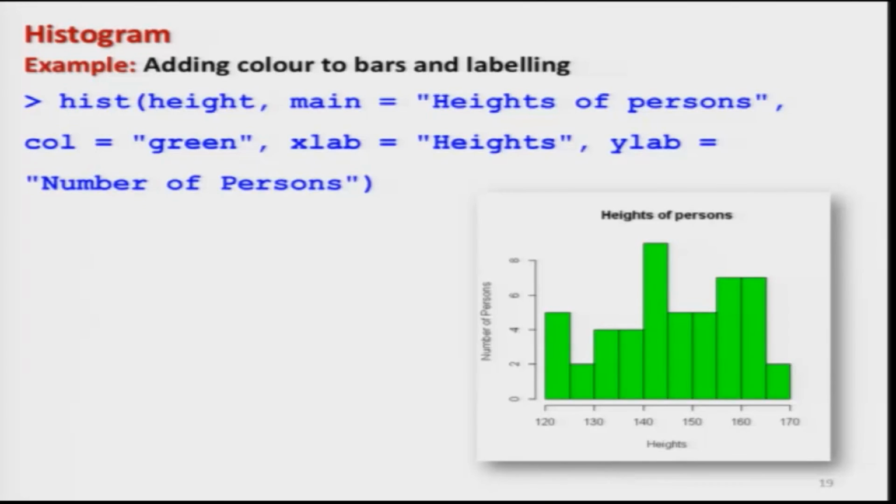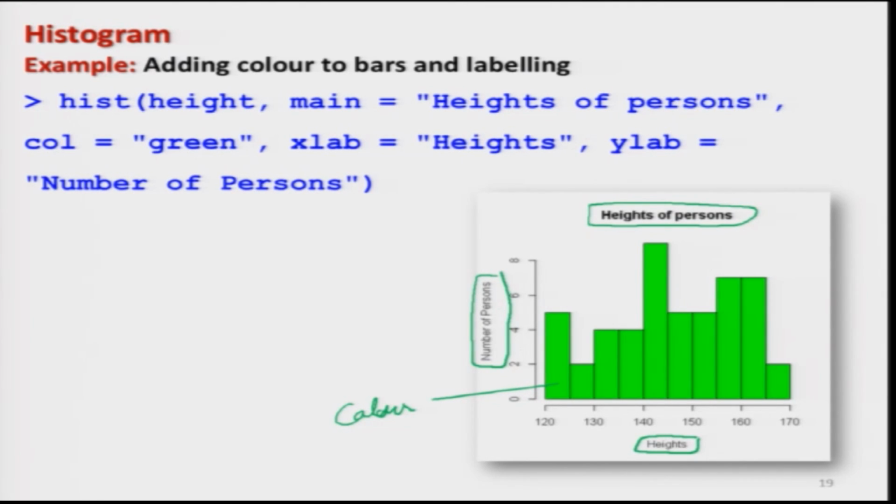For example, here I am giving the title of the chart as heights of persons, and I have changed the color of the bars. On the x axis I am giving a title, heights. On the y axis I am giving the title, number of persons.